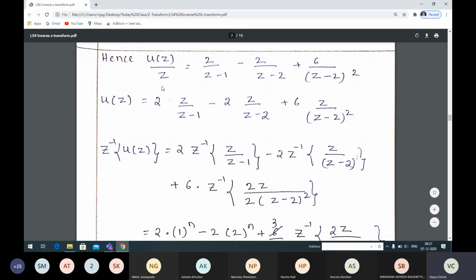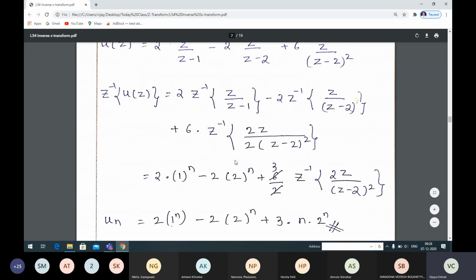Now transfer this z from the left-hand side to the right-hand side, so multiply all the terms by z. You will get U(z) as z into this expression. So U(z) equals 2 z/(z - 1) minus 2 z/(z - 2) plus 6 z/(z - 2)^2.